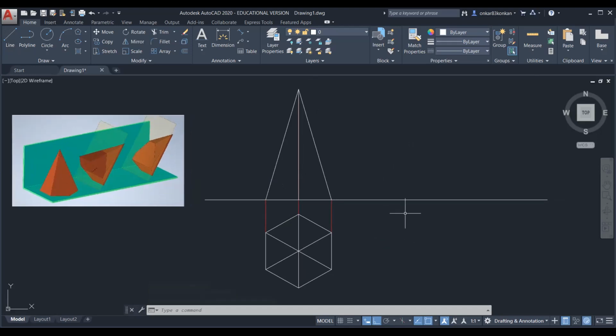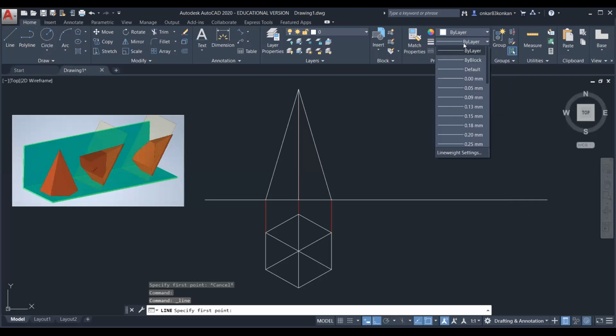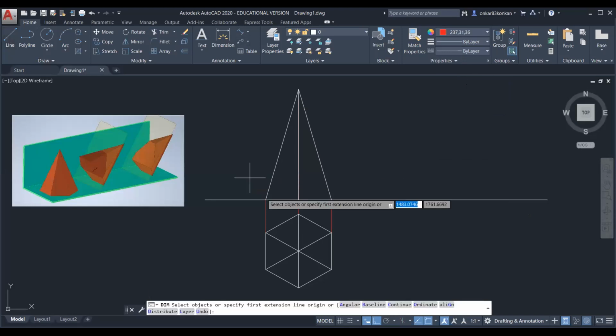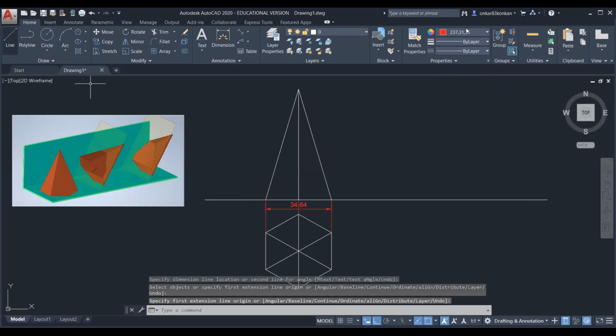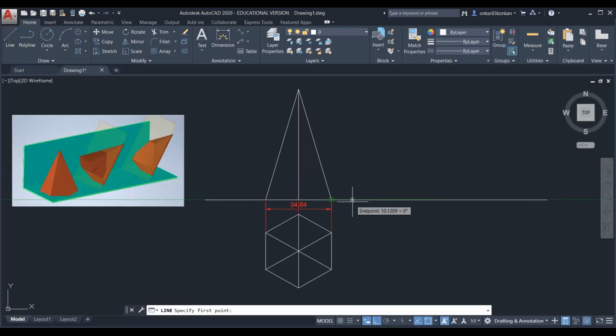Now in the second stage, we should rotate that front view in the clockwise direction, or you can rotate in the anti-clockwise direction, so that the axis line is inclined at 30 degrees with respect to the horizontal. So directly you can draw the baseline.